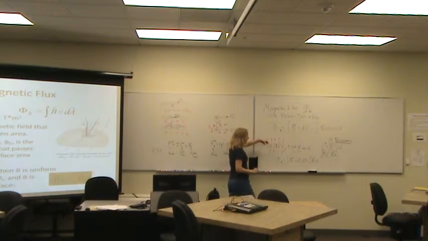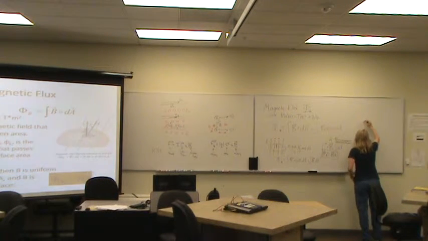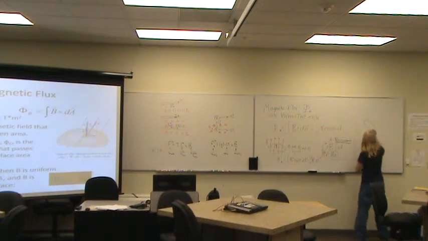But let's just look at a case where it's at an angle. So we've got the situation where our loop is at an angle. The B field is coming out of that loop. I'm going to draw my little dA hat to show the normal to the surface. It's easier to draw it right next to one of these guys.